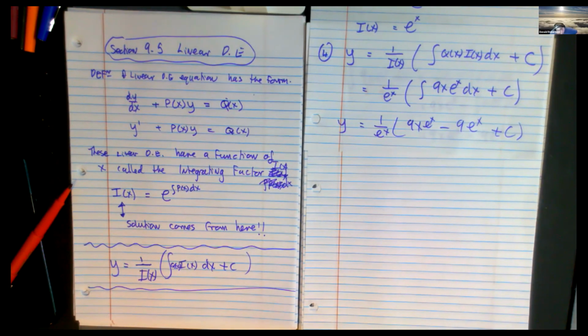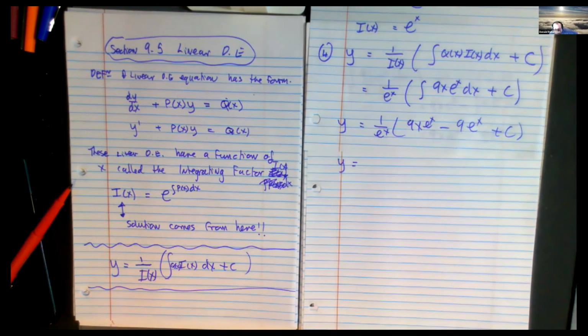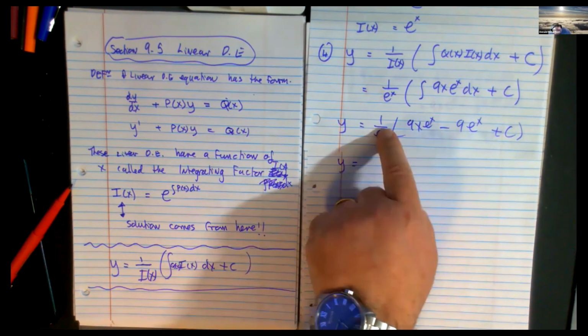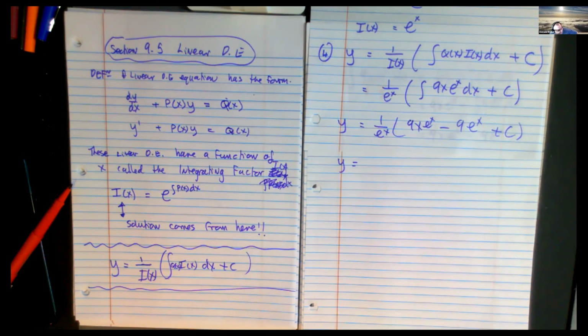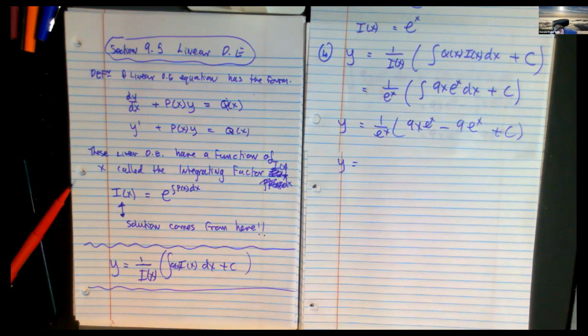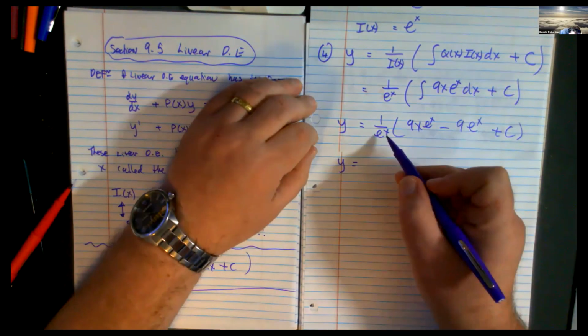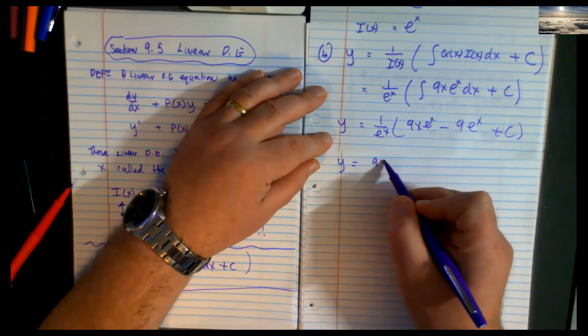I think I could do some style points on this question. Is there anything you think that you could do to make this look prettier? Distribute. Okay, if I'm going to distribute it, I could leave it that way, and that's fine if you want to leave it that way.